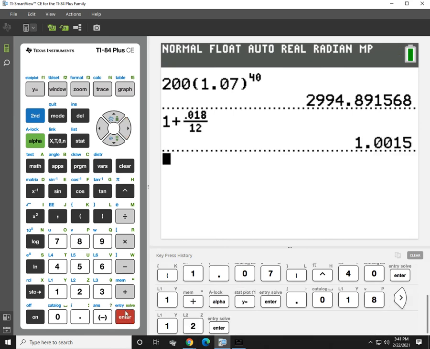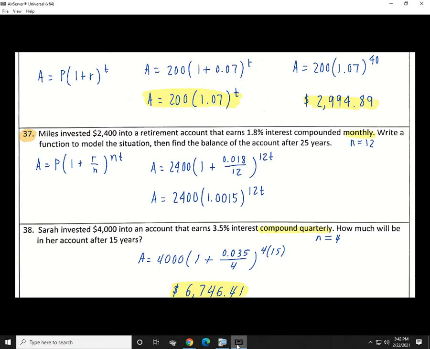And let's see, yeah, that's a great percent. So we're going to rewrite this as A equals 2,400 times 1.0015 raised to the 12t. Let me go back to my paper and show you that. Here's the equation. Really nice equation because that worked out. We didn't have to round.